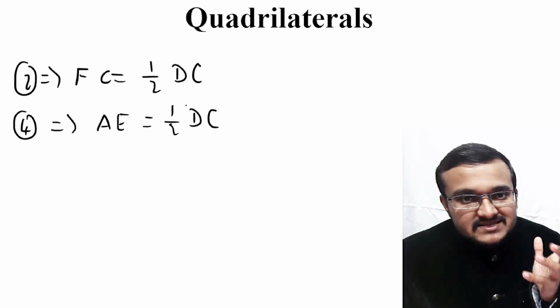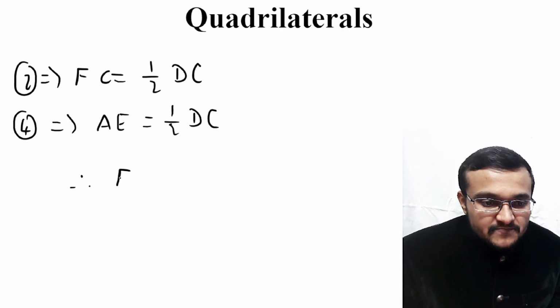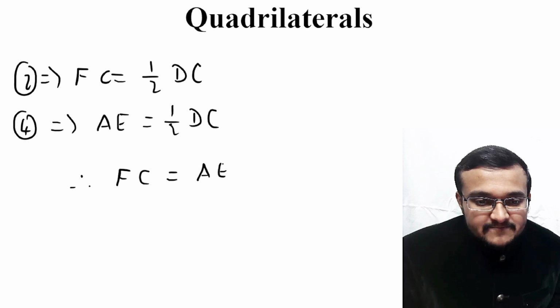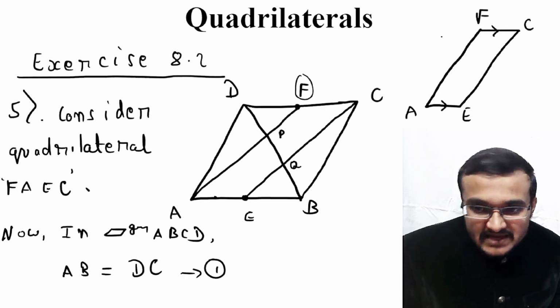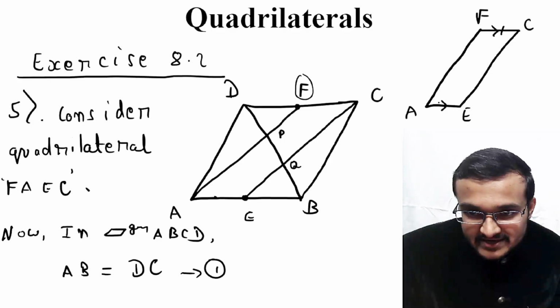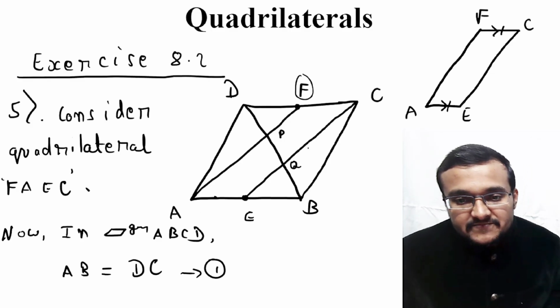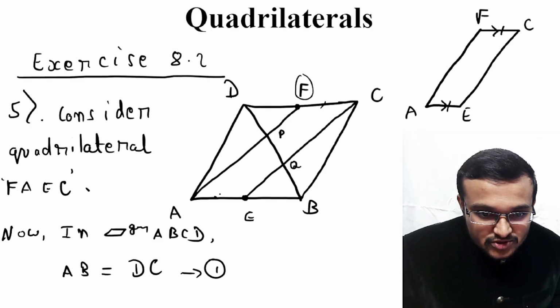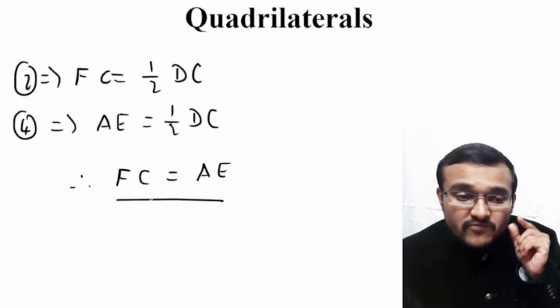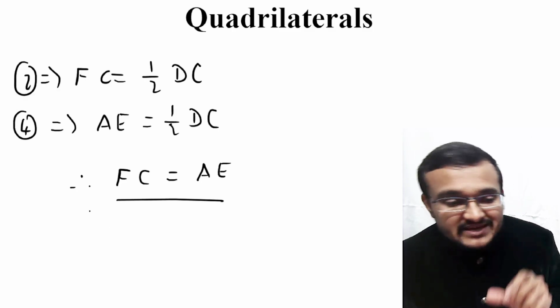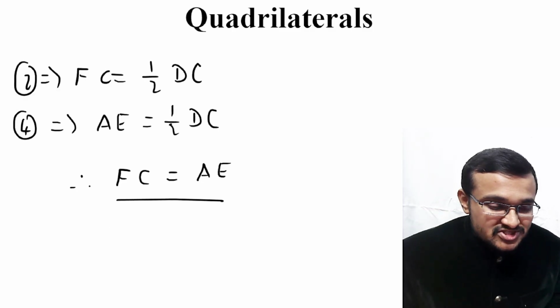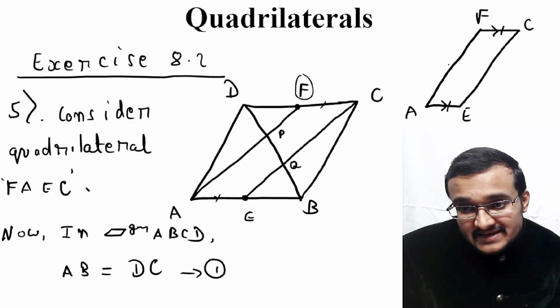So we have the RHS equal to each other. Therefore FC is equal to AE. That means we have proved that FC is equal to AE. Why are we proving FC is equal to AE? In order to check whether AF is parallel to EC.